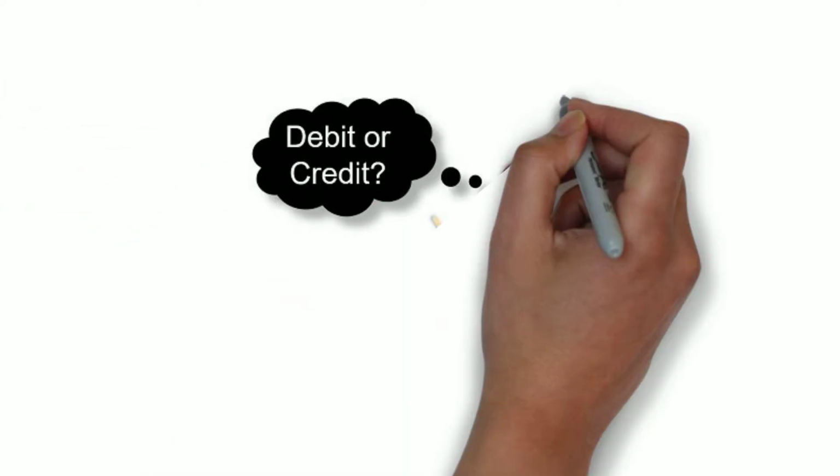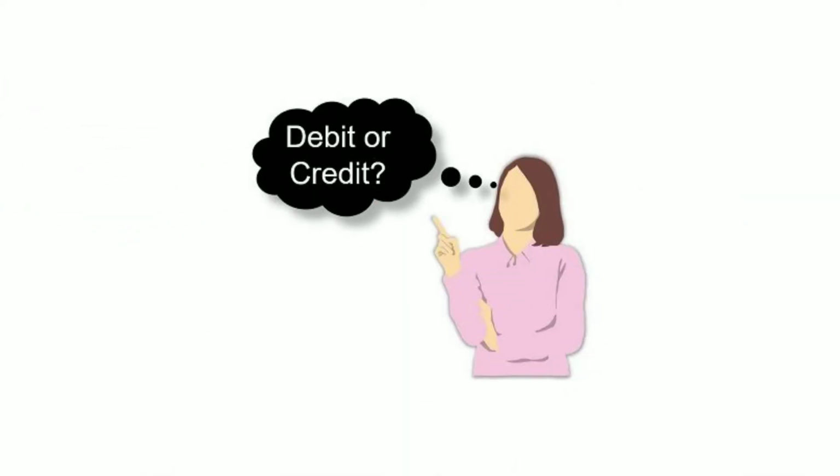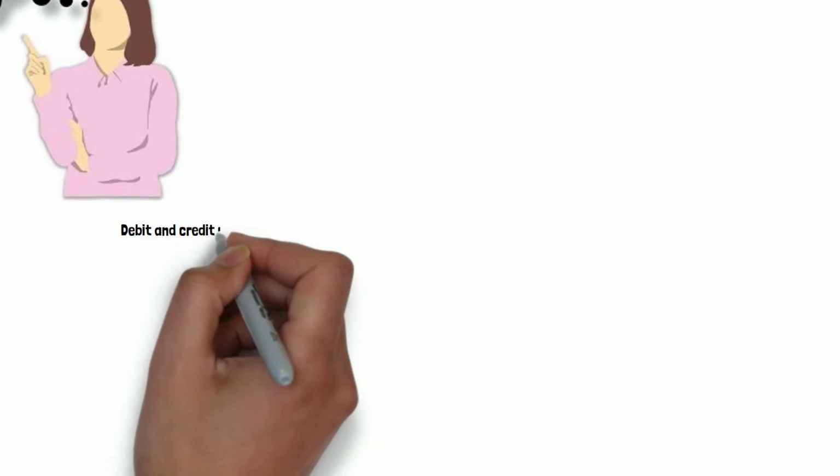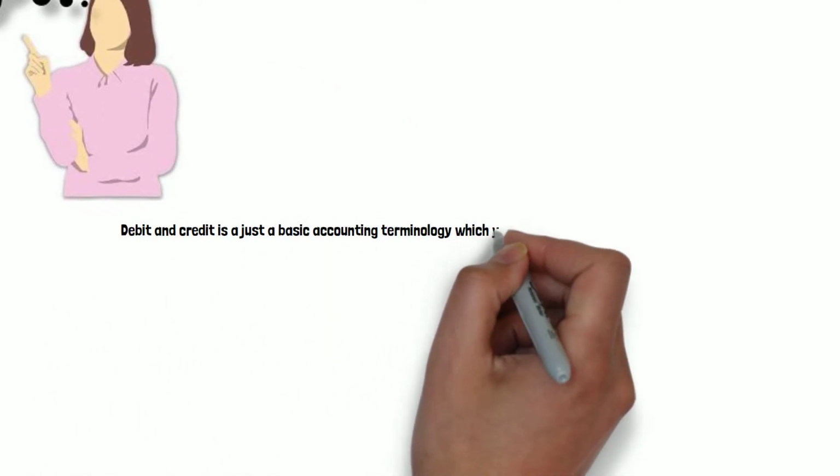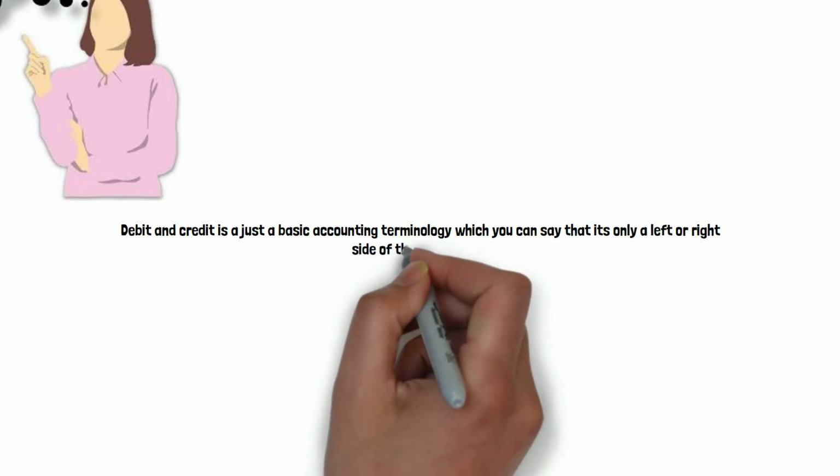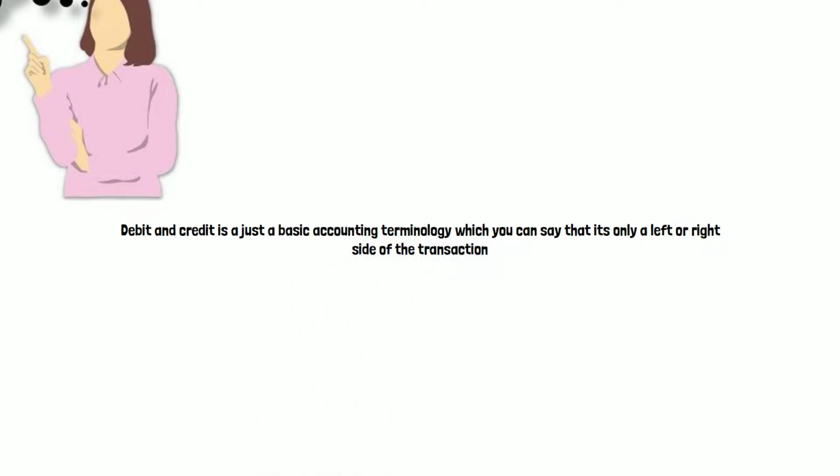So let's first understand what debit and credit are. Debit and credit is just a basic accounting terminology, which you can say is only the left or the right side of the transaction. Sometimes people misunderstand and consider that when there is any increase it's a debit, and a decrease in the transaction or in the amount is a credit.